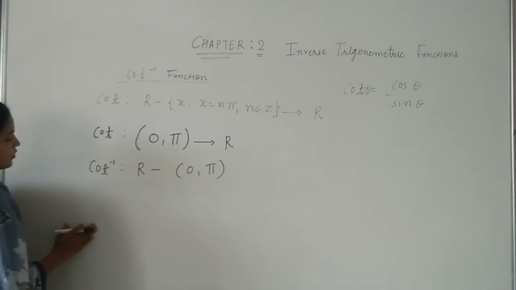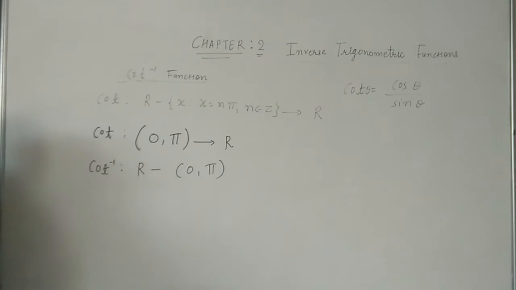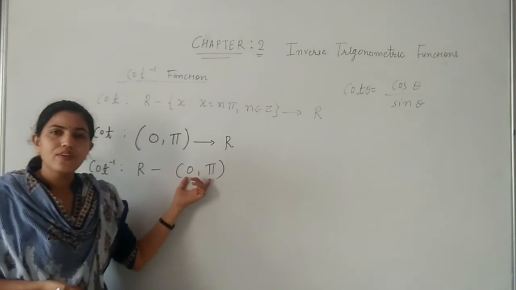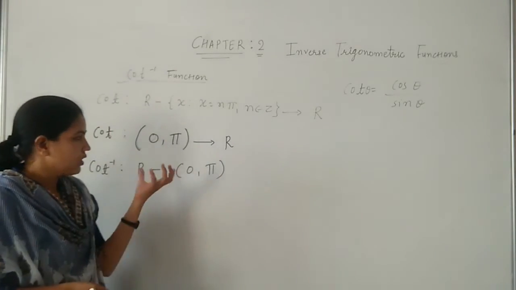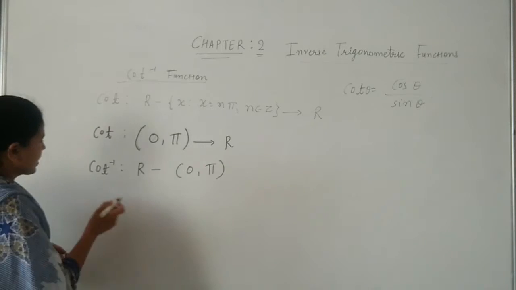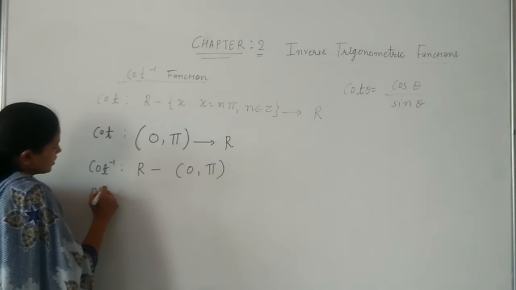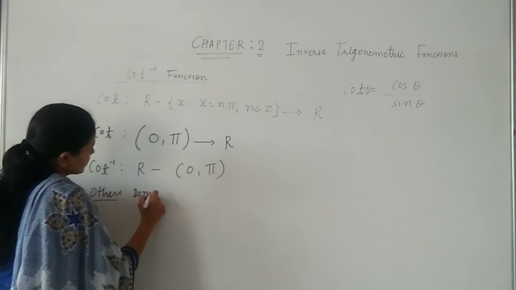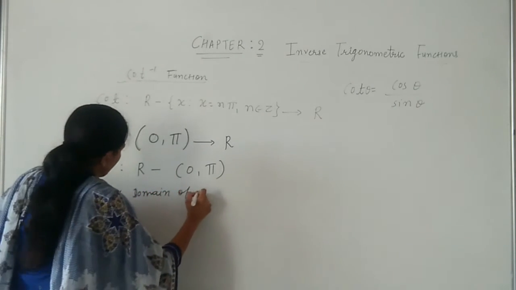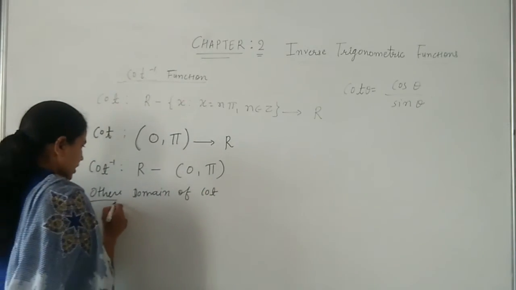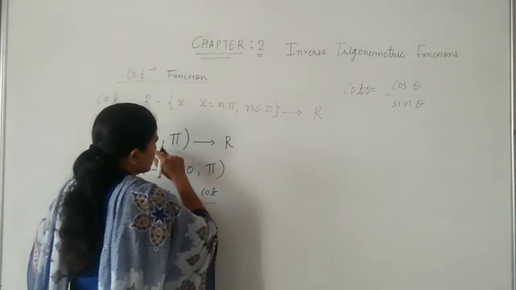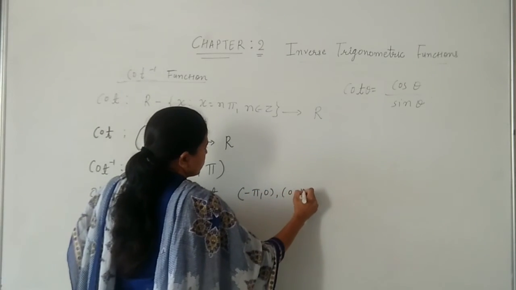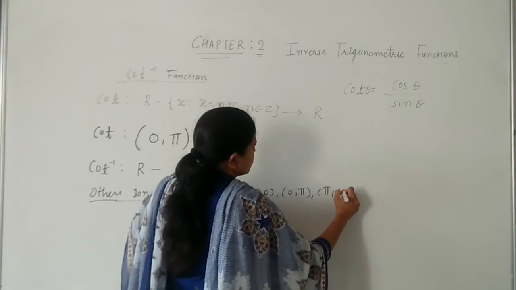Now next is another interval. So which are the intervals where this is defined? Now it is very easy. Wherever you have defined the cot function, all the open intervals we consider. For cot we have other restricted intervals, or we can say other domains of cot, which we can consider: 0 to pi, then minus pi to 0, 0 to pi, pi to 2 pi.